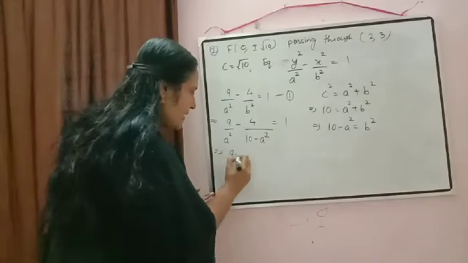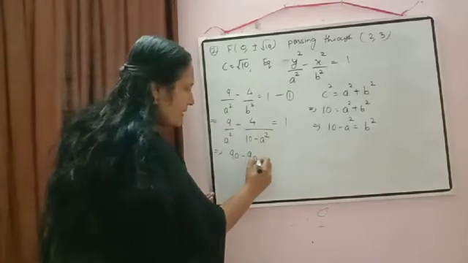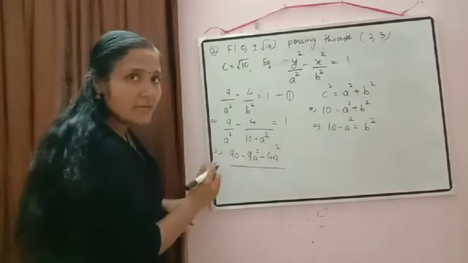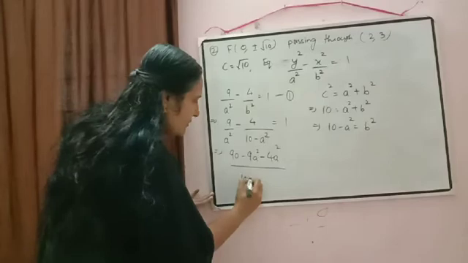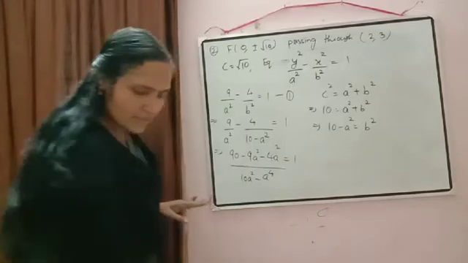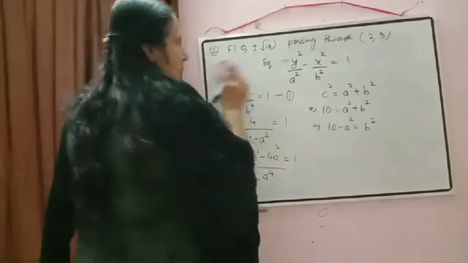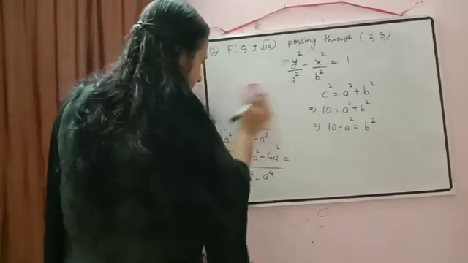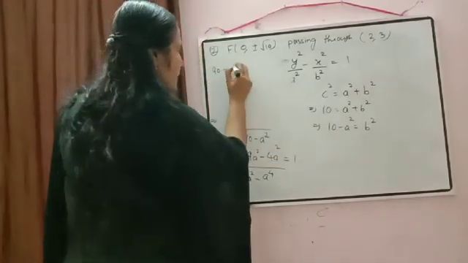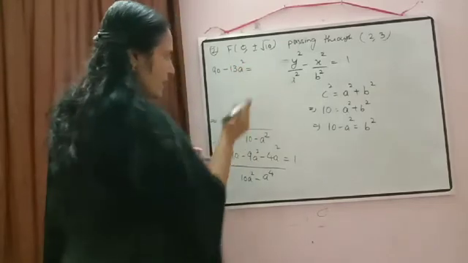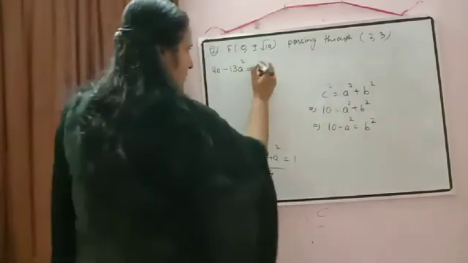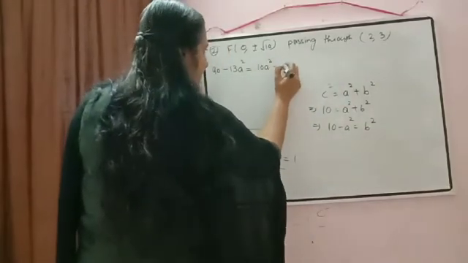So 9 into 10, 90 minus 9a square minus 4a square by, these two also will get multiplied, a square into 10, 10a square minus a square into a square, a raised to 4, is equal to 1. Now what we can do, just check. Yes, it will be equal to 90 minus 9 minus 4 will be equal to minus 13a square is equal to, this expression will go to right hand side, then it will be equal to 10a square minus a raised to 4.